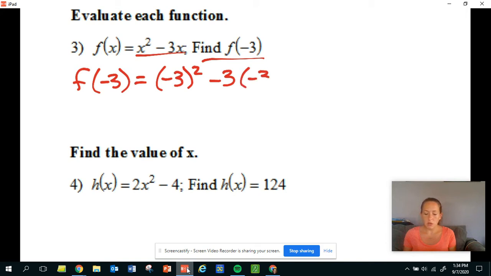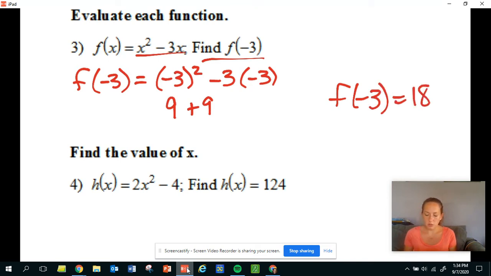I'm telling you, every year, so many people do that. But anyway, -3 squared gives me +9. -3 times -3 gives me +9. So f of -3 is going to equal 18.